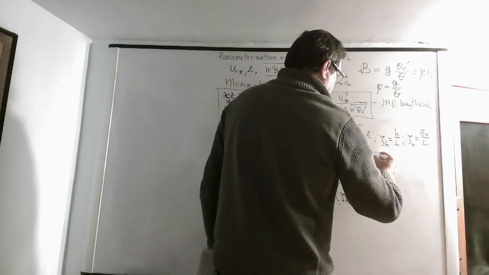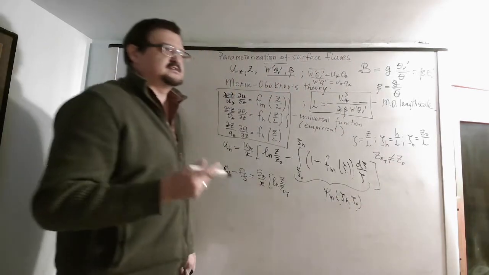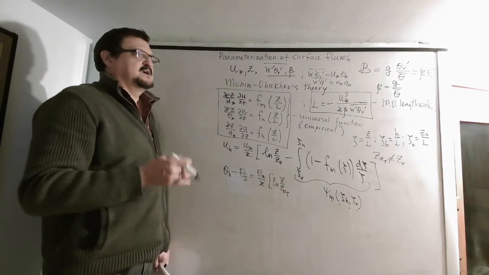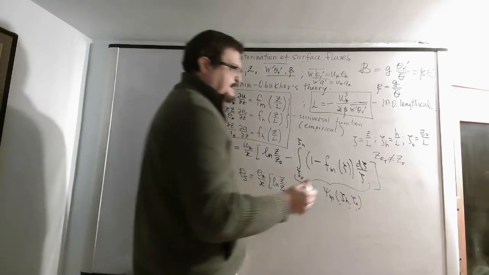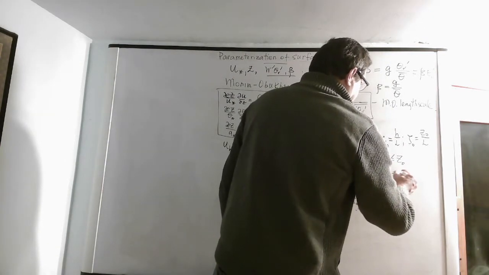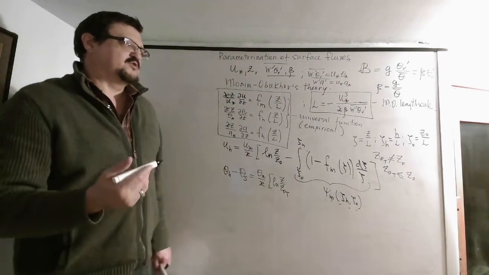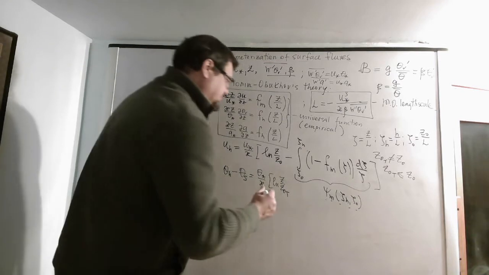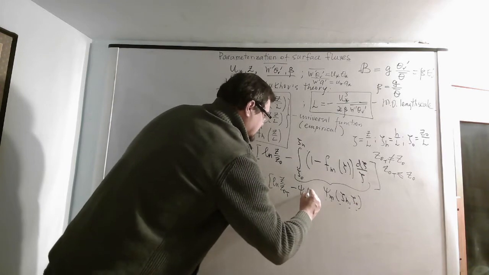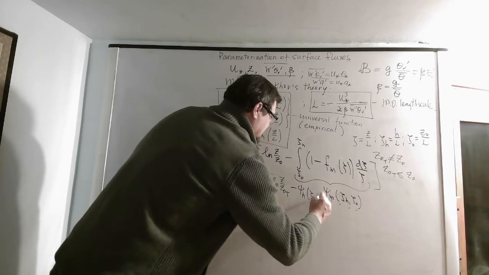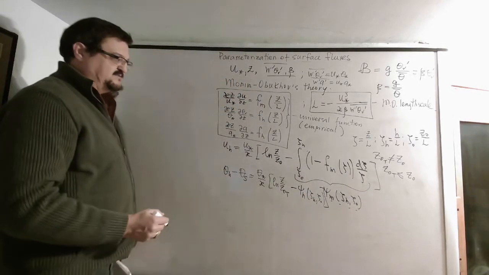So z naught T is not equal to z naught. z naught T is a hypothetical height where the potential temperature equals the surface temperature. And generally z naught T is much smaller than z naught, in fact maybe an order of magnitude smaller from observations. And here we just write psi h of eta h, eta naught. And similarly we can write it for q h minus q s.